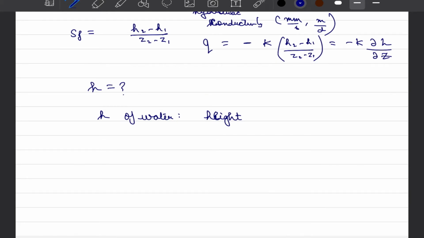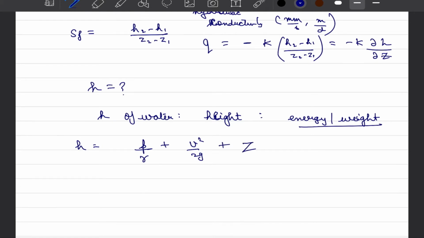This expression of head of water in units of height also means that we are expressing h as energy per unit weight of water. Hence we can write the total head as pressure head plus velocity head, divided by gamma because it has to be energy per unit weight, plus the head due to its datum, by virtue of its position above a certain reference point.